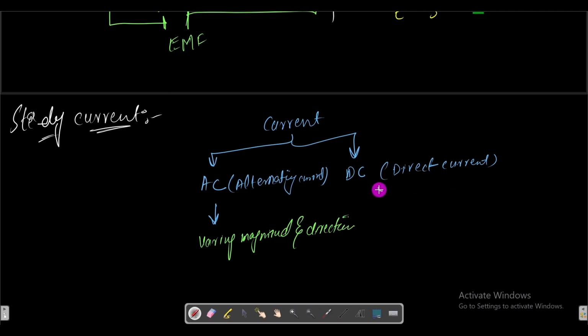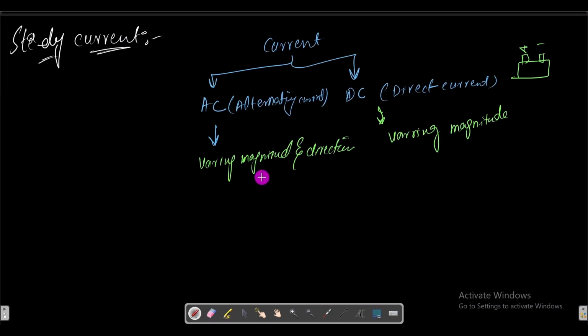DC has a varying magnitude only, but the direction is fixed, because the battery has a fixed positive terminal and a fixed negative terminal. The alternating current varies in both magnitude and direction.